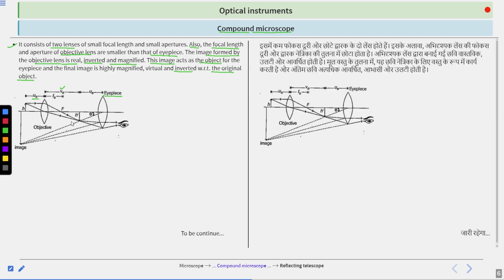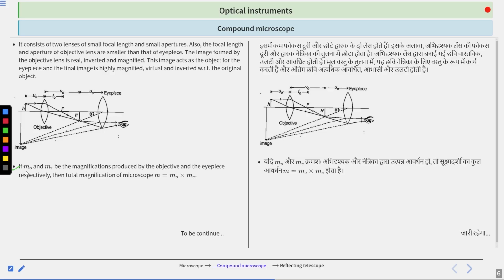So remember this point. The compound microscope consists of two lenses. First is the objective and second is the eyepiece. And the objective has a smaller focal length and aperture as compared to the eyepiece. Clear? So this is the compound microscope.